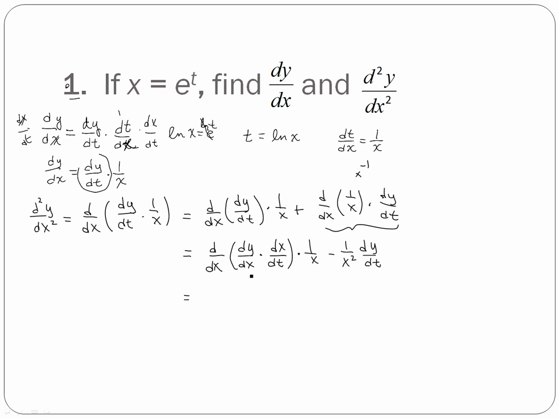So here in this first parenthesis, I'll substitute in. I know that dx dt is 1 over x.